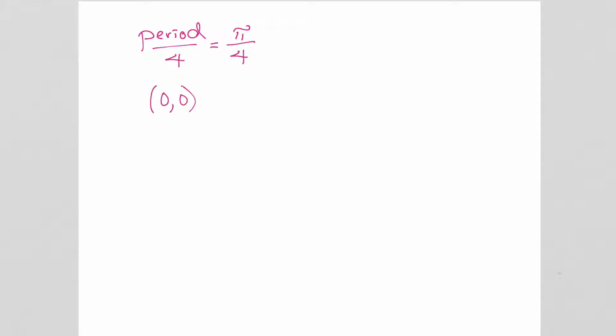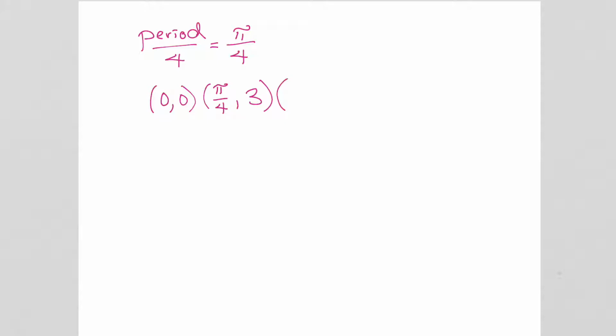And it's still going to. But then instead of going to pi over 2, it's going to pi over 4. And then let's think about the amplitude. Normally, our sine would go up to 1 here. But because the amplitude is 3, it's going up to 3.